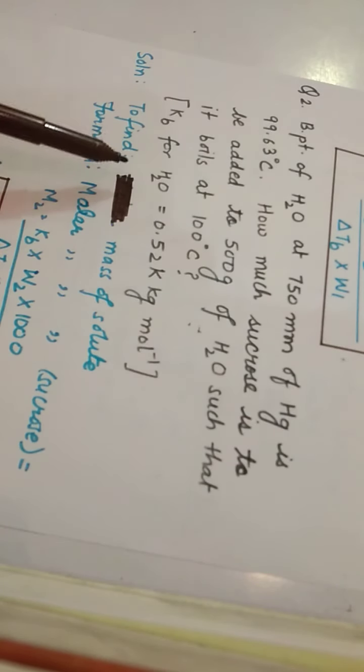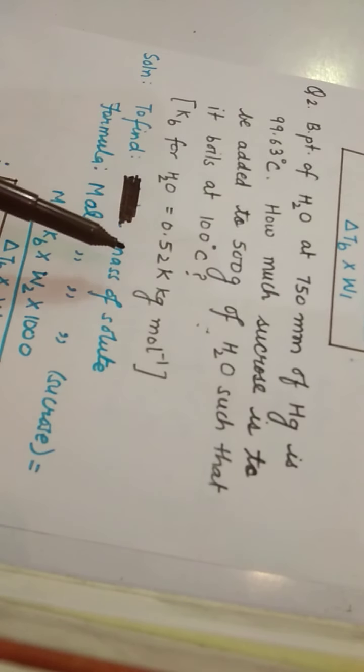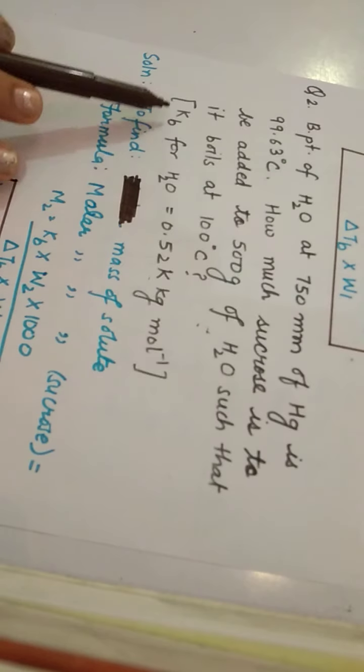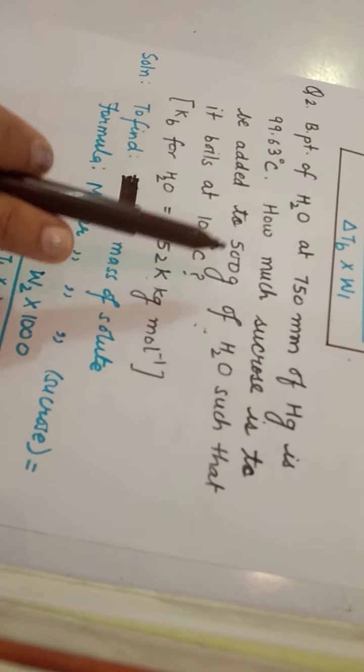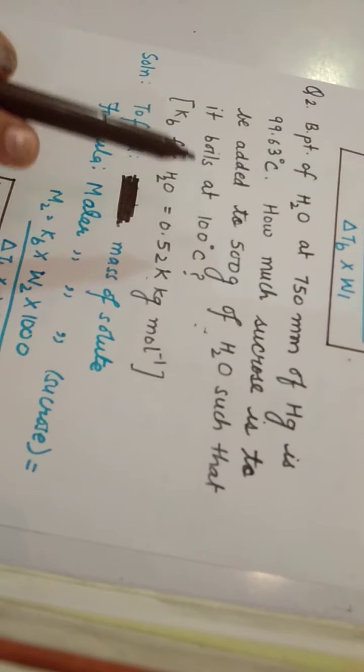Here children, Kb for water is given as 0.52 kg per mole. We know that kg per mole is the unit for Kb. So you need to convert gram into kg, and degree Celsius into Kelvin.